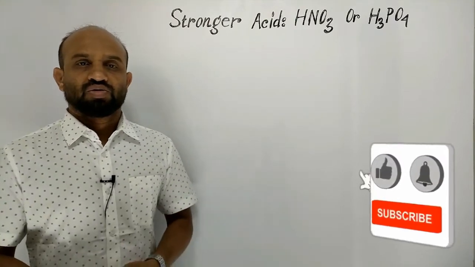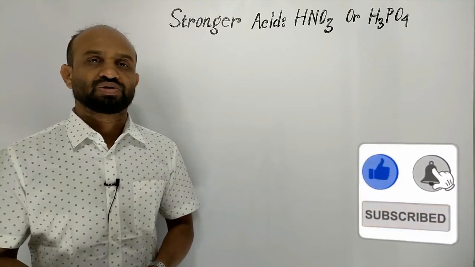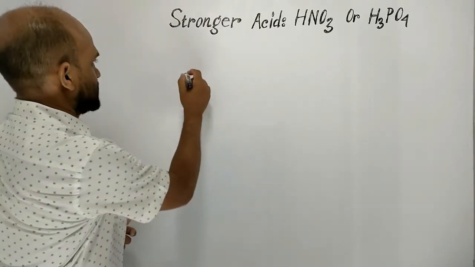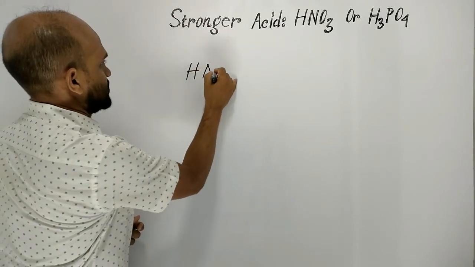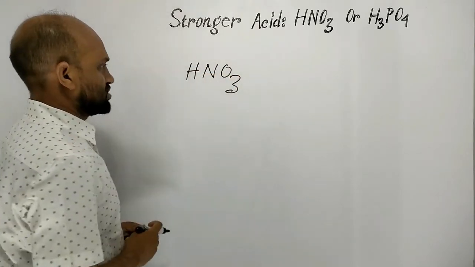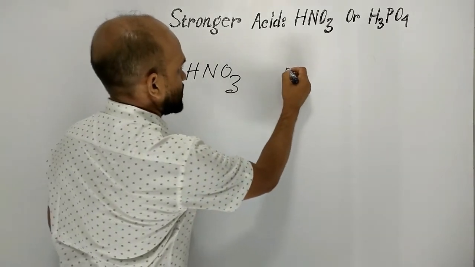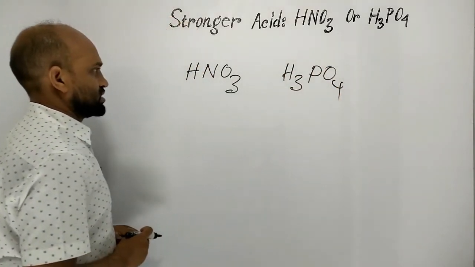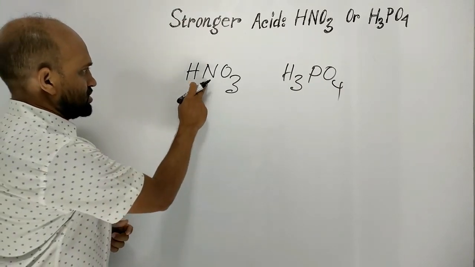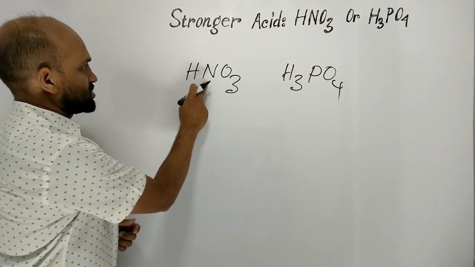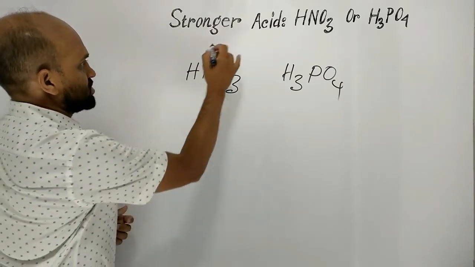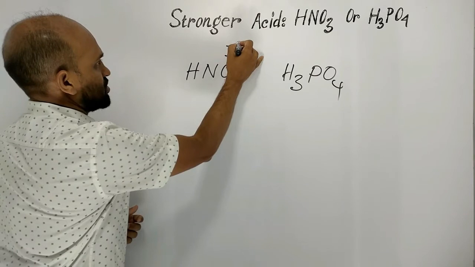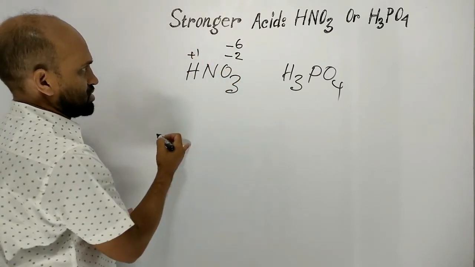Let's see the oxidation number of the central atoms of nitric acid and phosphoric acid. This is nitric acid and this is phosphoric acid. In case of nitric acid, the oxidation number of oxygen is -2, total -6, hydrogen is +1.